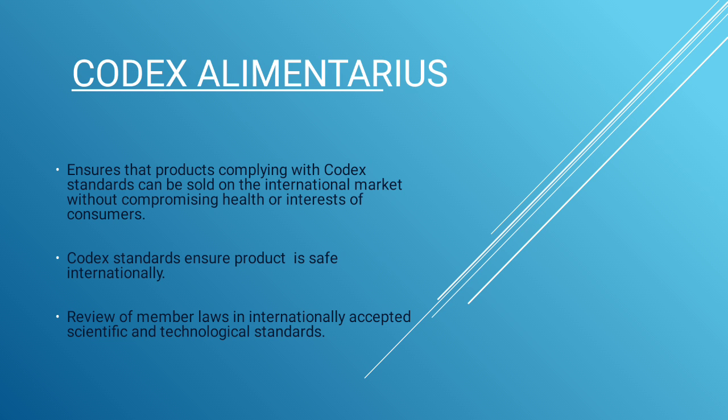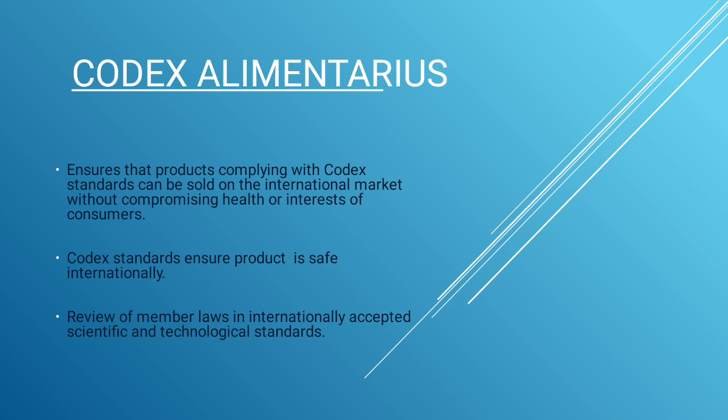Codex Alimentarius ensures that products complying with Codex standards can be sold on the international market without compromising health or interest of consumers. Codex standards ensure product is safe internationally.